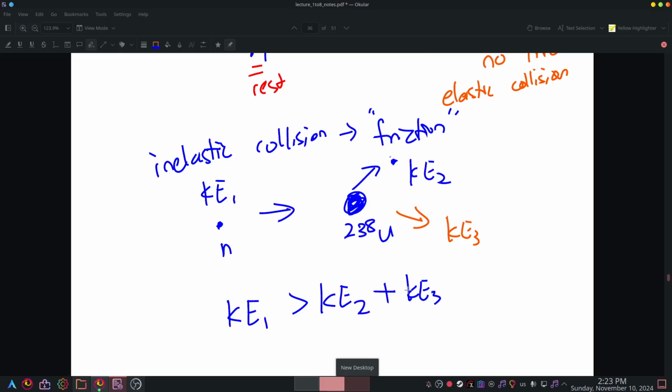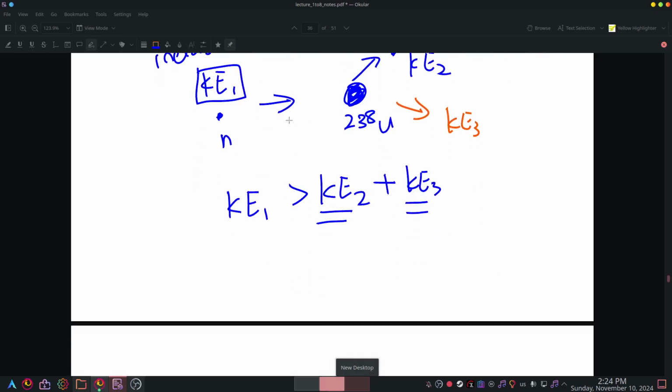The uranium will fly off at some speed, and the neutron will also fly off at some speed. However, the sum of the kinetic energies of the uranium and the neutron is less than the energy here. Where did this energy go?